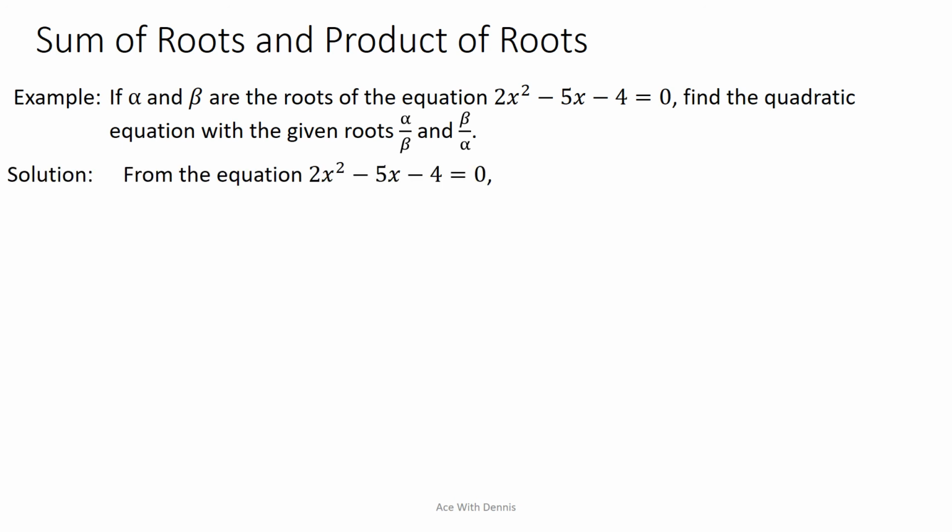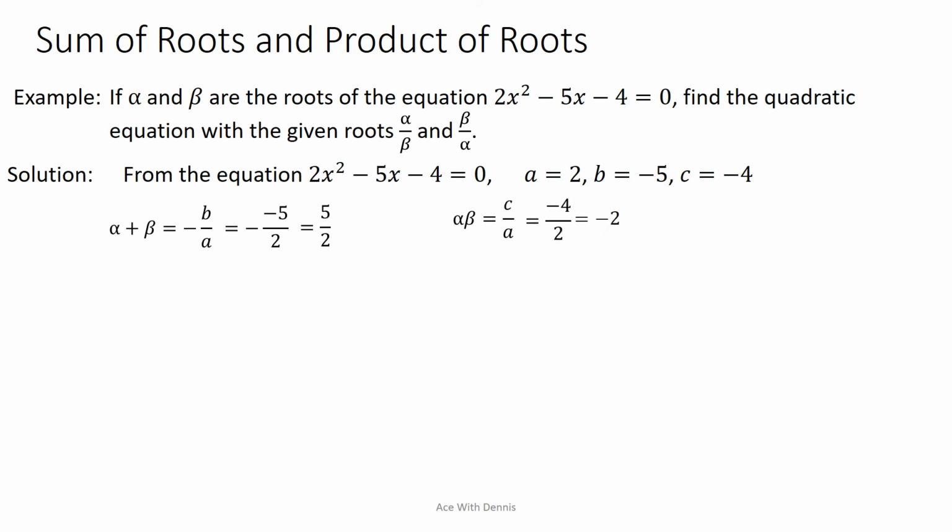The solution is, from the equation 2x squared minus 5x minus 4 equal to 0, we get a equals 2, b equals negative 5, c is negative 4. Hence, alpha plus beta equals negative b over a. We get negative negative 5 over 2. The answer is 5 over 2. Alpha times beta equals c over a. We get negative 4 over 2, or negative 2.